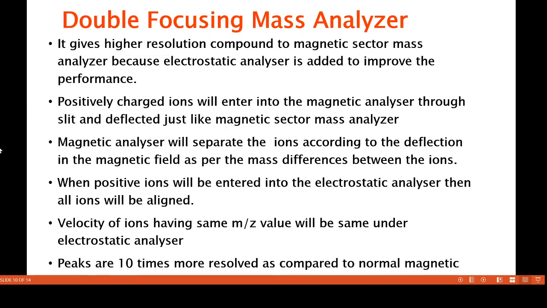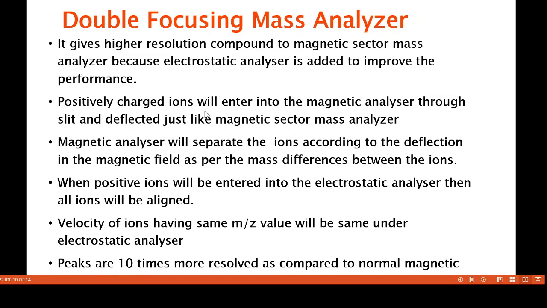Okay. Then the positively charged ion will enter the magnetic analyzer through a slit and be deflected just like in a magnetic sector mass analyzer. So when we see the block diagram of this double focusing analyzer, the first part is similar to the magnetic sector mass analyzer, and after that we apply the electrostatic field.